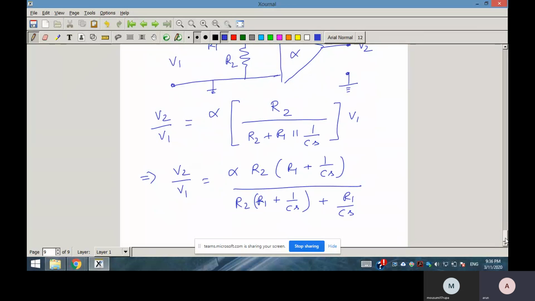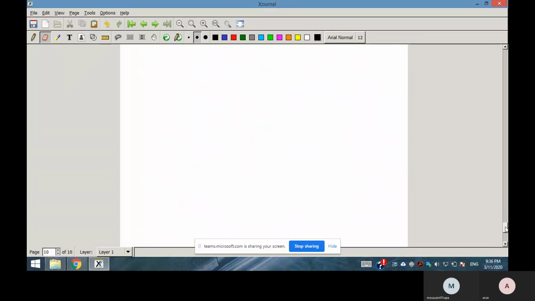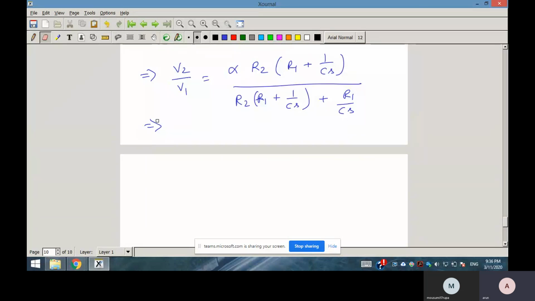You can simplify this further. I'll go to the next page. This implies V2 by V1 is equal to alpha into R2 plus alpha R1 R2 CS.